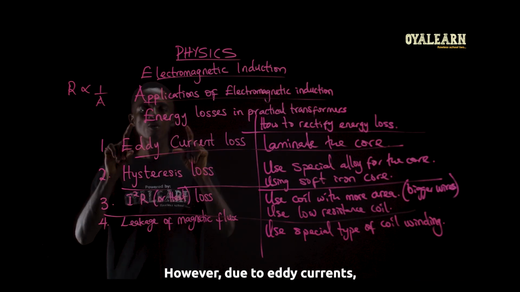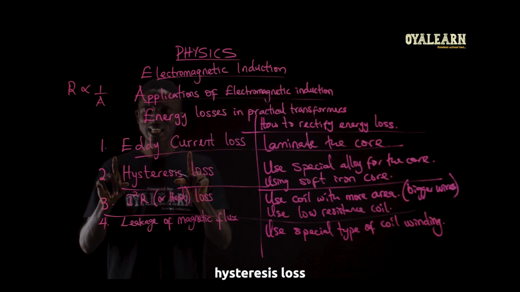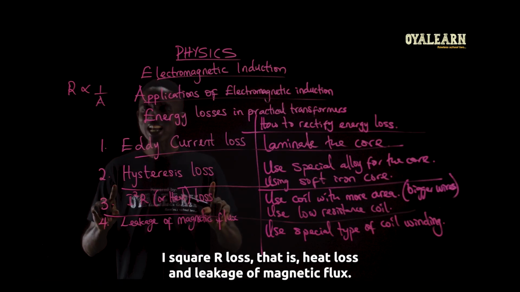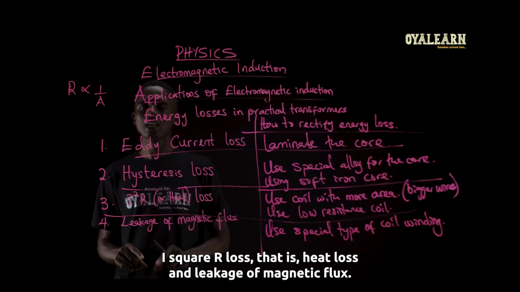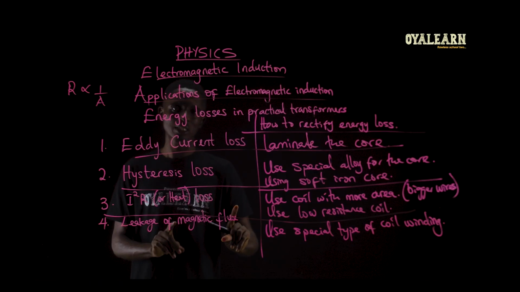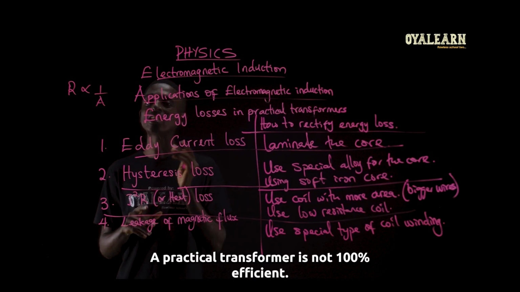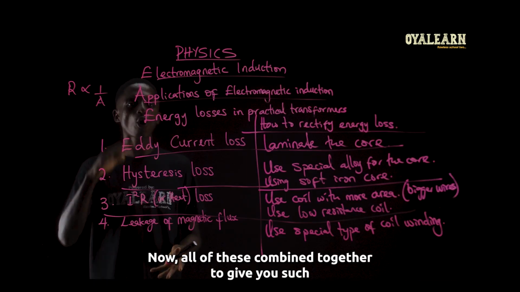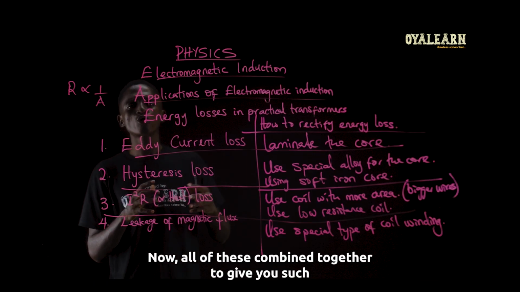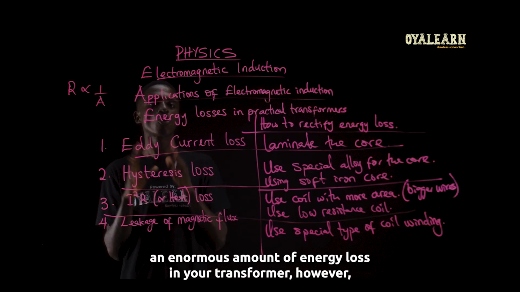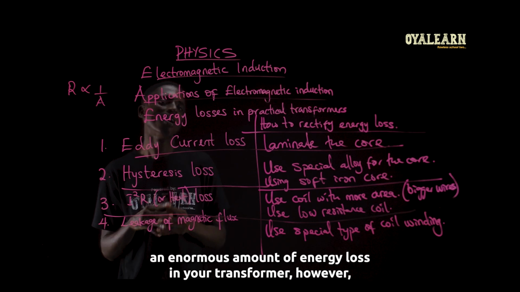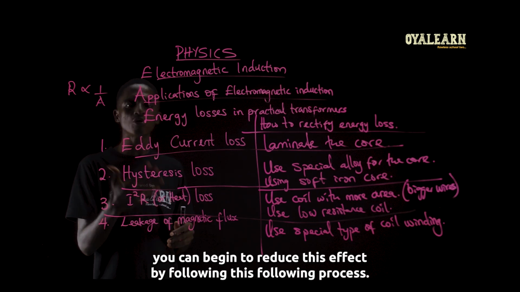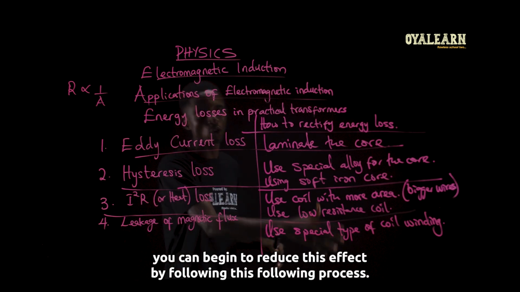However, due to eddy current, hysteresis loss, I2R loss, that is heat loss, and leakage of magnetic flux, a practical transformer is not 100% efficient. All of these combine together to give you such an enormous amount of energy loss in your transformer. However, you can begin to reduce this effect by following this process.